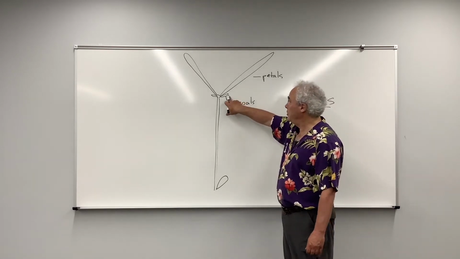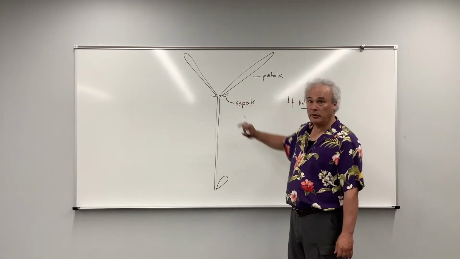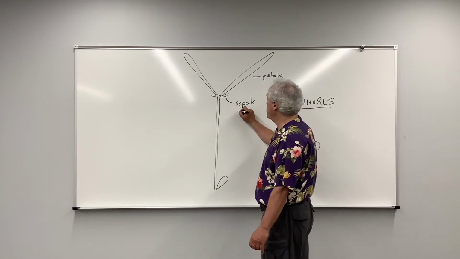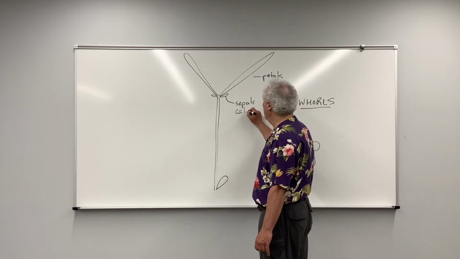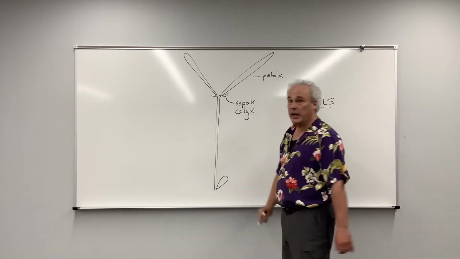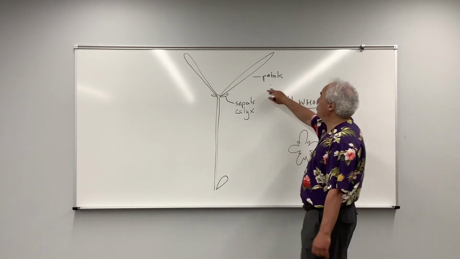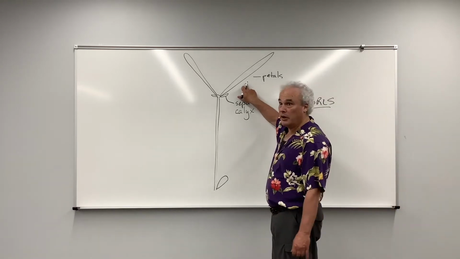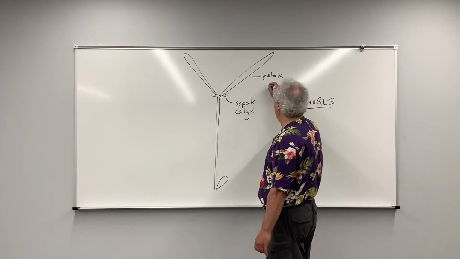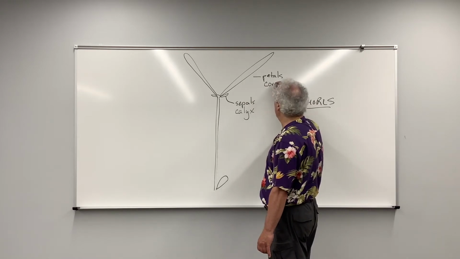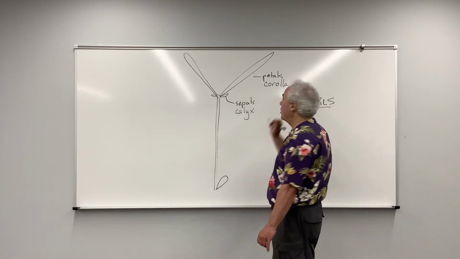So each individual organ is a sepal, but the collection of all the sepals taken together is called the calyx. Each individual organ is a petal, but all of the petals taken together are called the corolla.